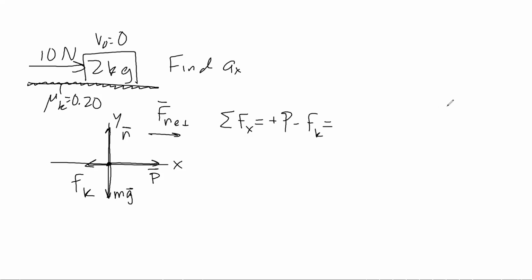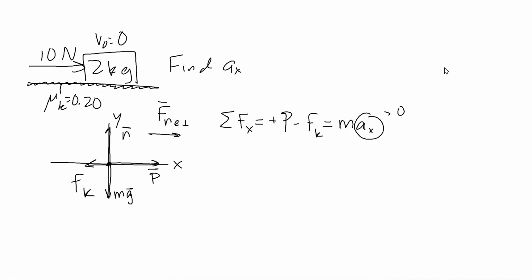But F net also equals m a, and so it'll be plus m a. A very subtle remark: if you write m a sub x, then this could be greater than 0 or less than 0.